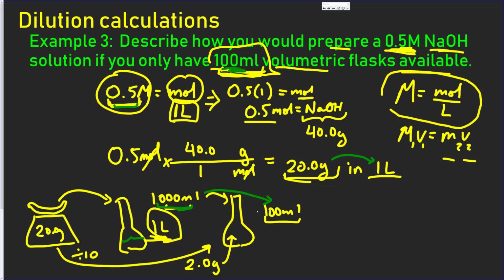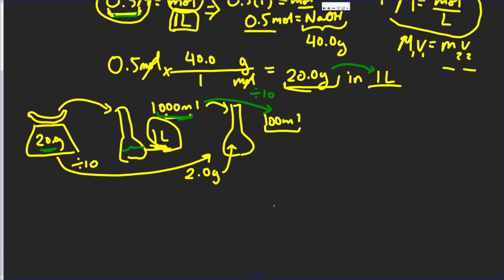To get from 1,000 to 100 mL, you have to divide by 10. Since you are scaling this down by 10 times, you can also scale down the mass by 10 times, which is 2.0 grams.